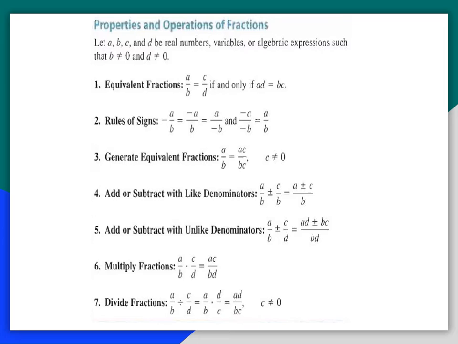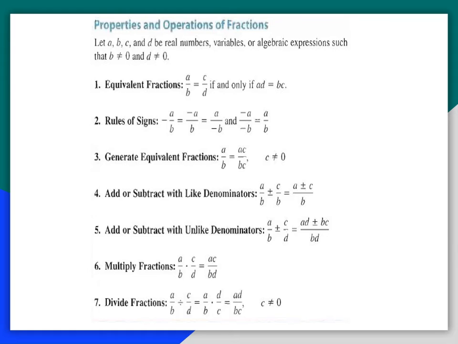And if you look, b and d are always for all 7 of our properties in the denominator, and denominators are never allowed to be 0. So number 1, equivalent fractions. A over b is equal to c over d if and only if AD equals BC. Okay, this is that cross multiplication.